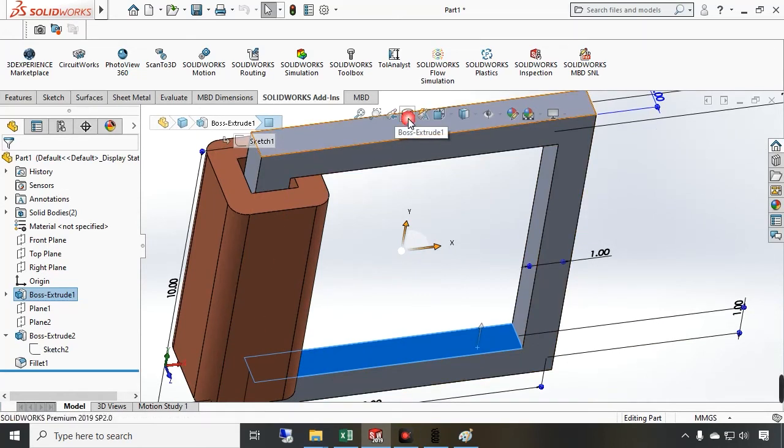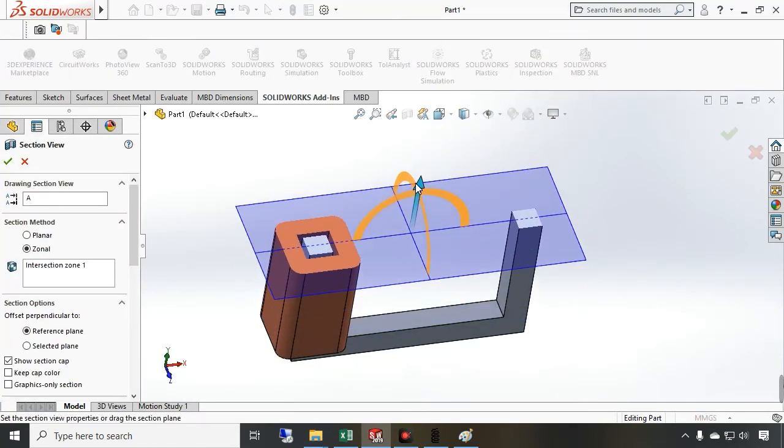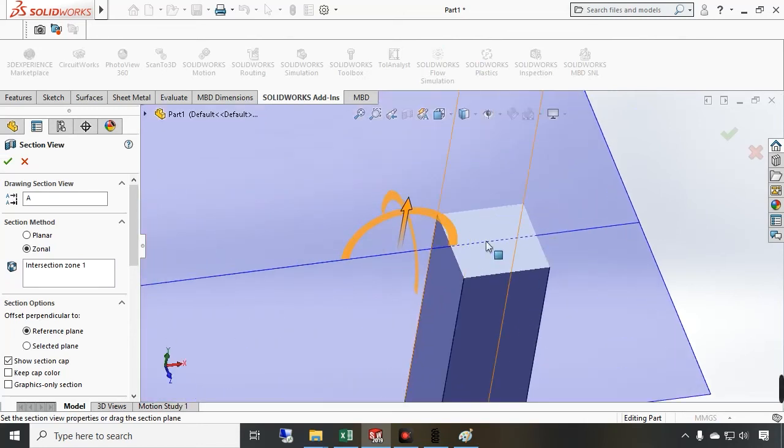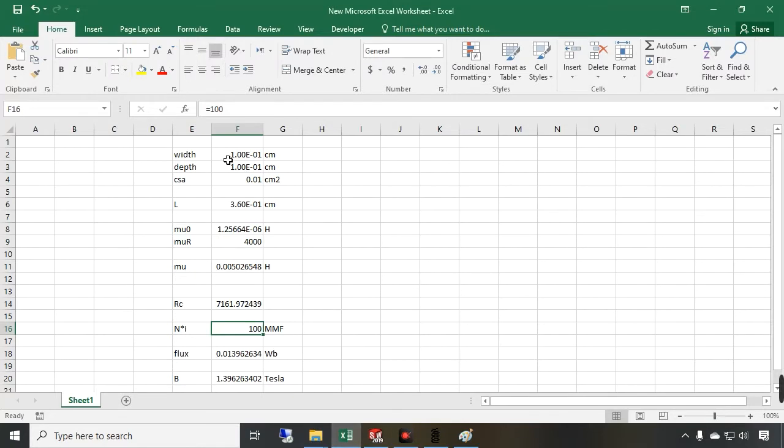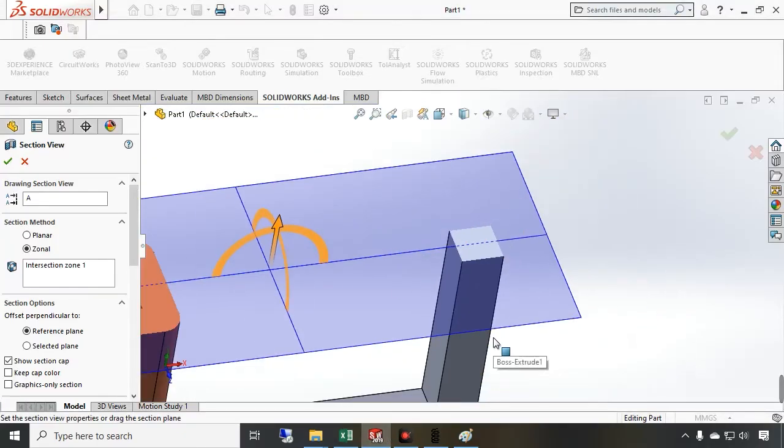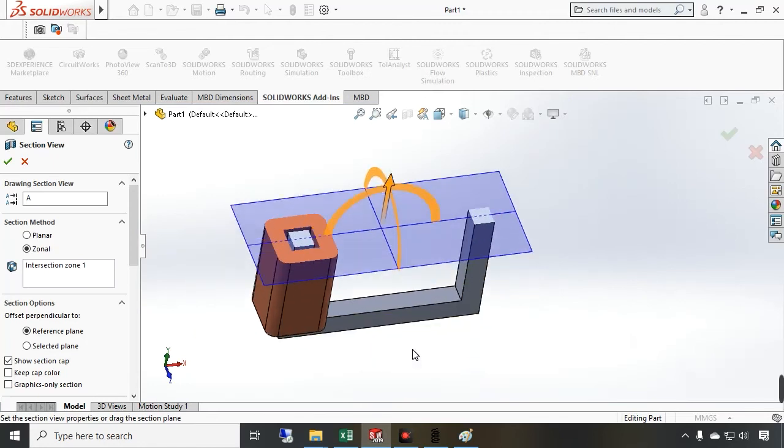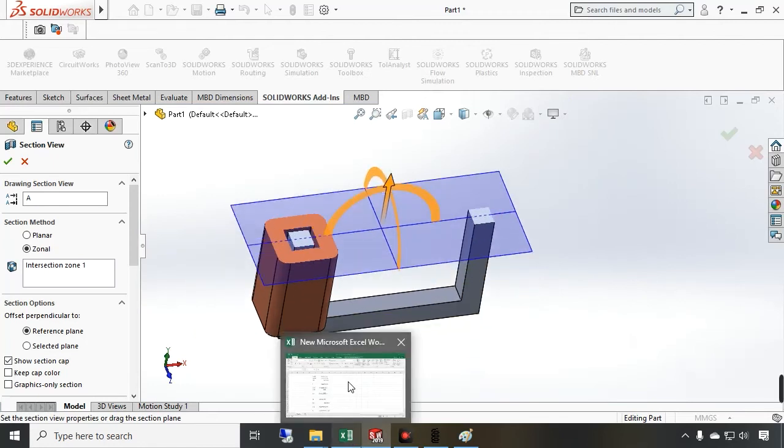So the cross section of the core is 1 times 1. Here the unit is meter, right? And also the unit here is, let me check. The units are in centimeter.